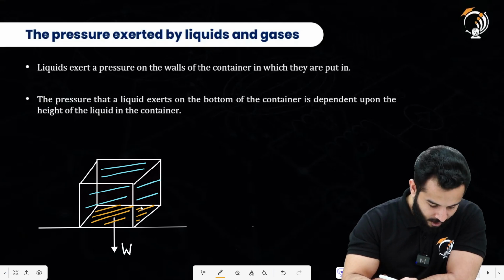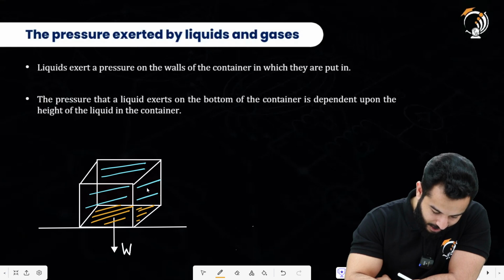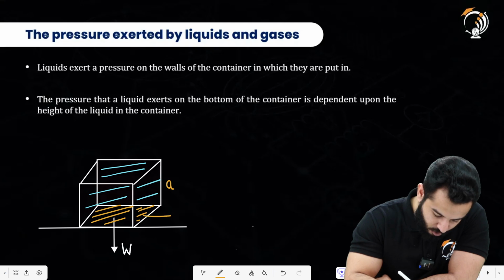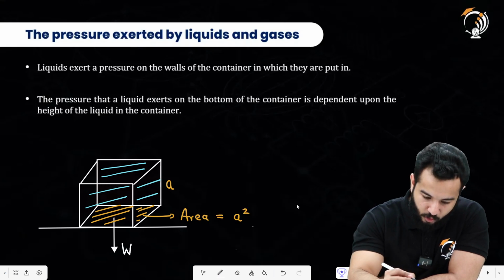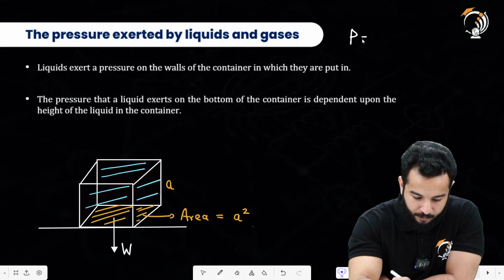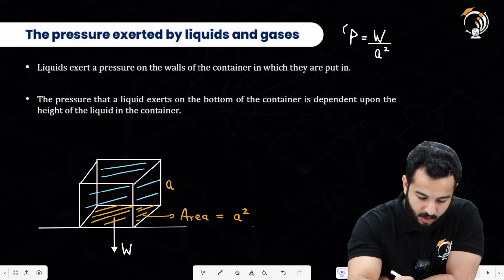Since I took this as a cube, the area of this base is going to be a square. So if we talk about pressure, the pressure exerted by this cuboidal block is going to be weight divided by area, that is, a square.